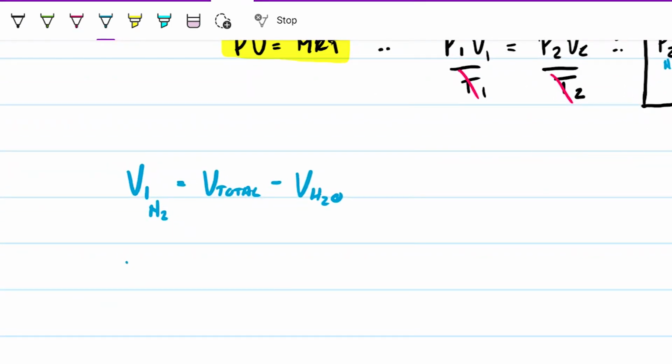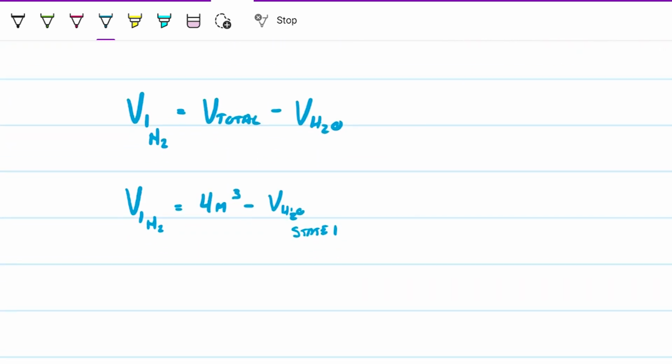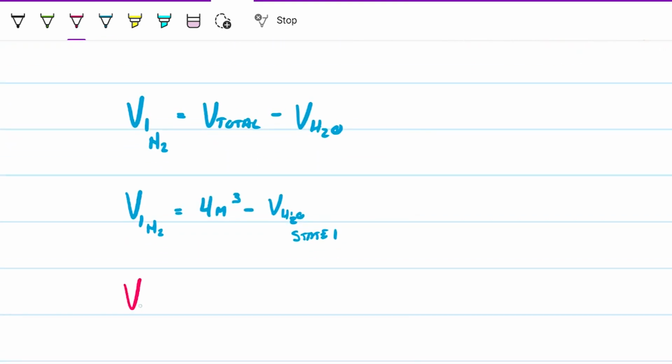So in other words, if I want to find V1, I can just do 4 meters cubed minus the volume of water H2O in state 1. And if I want to find it in state 2, same thing, copy paste. It's just going to be the nitrogen, the same 4, that does not change, minus the volume occupied by the water in state 2.